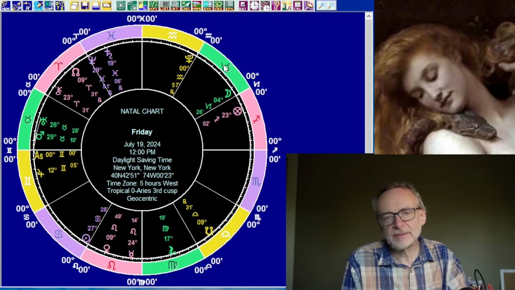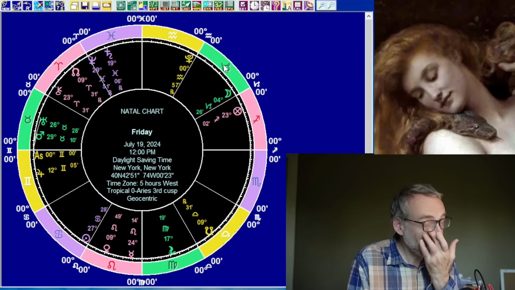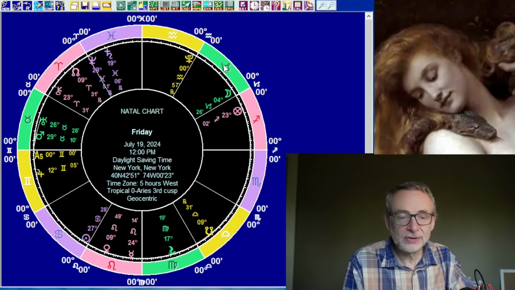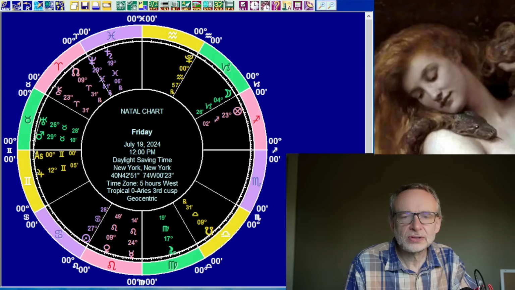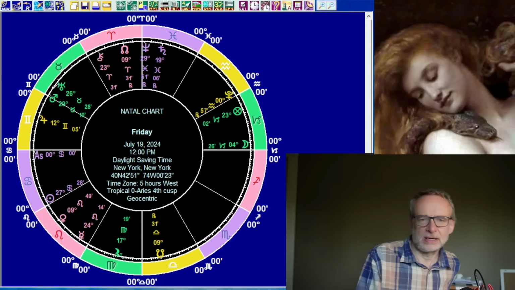So that moon square Neptune can be a time of confusion where you're not entirely sure what's happening, and it may be difficult to make up your mind and also difficult to work out what is actually happening.